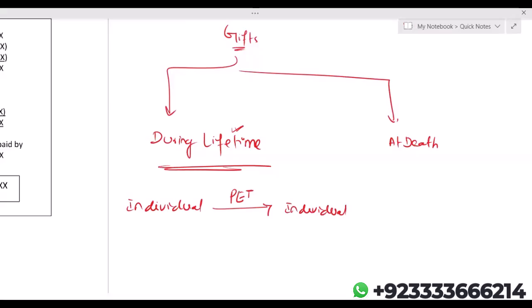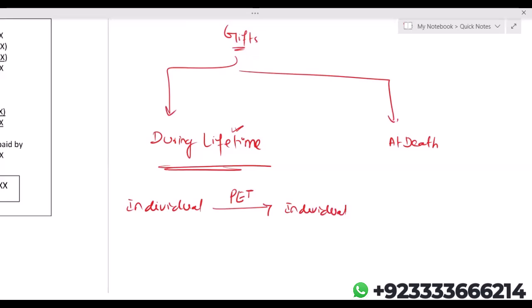Repeat: a PET arises when one individual has given a gift to another individual, like a father has given a gift to, let's say, a son or daughter, or a mother has given a gift to a daughter. So that is a PET, potentially exempt transfer. So when one individual has given a gift to another individual during the lifetime, that is a PET.